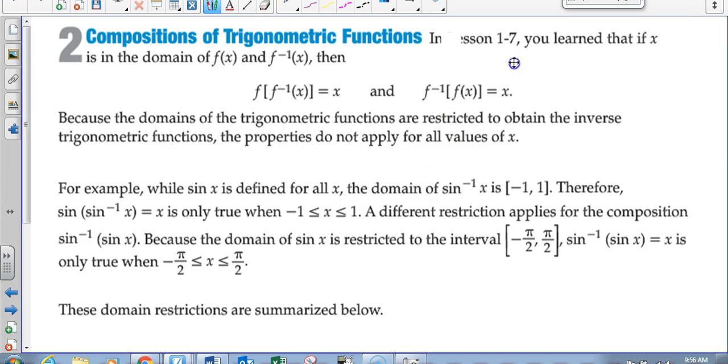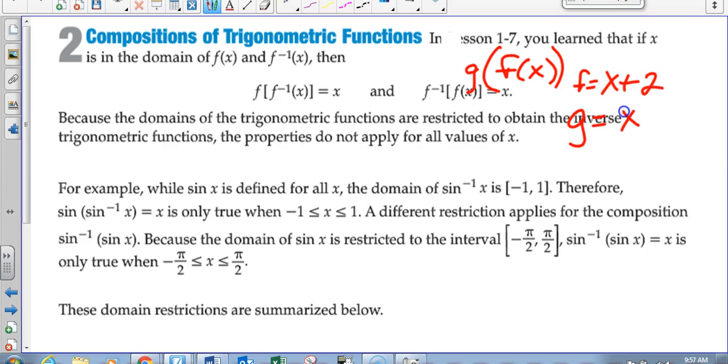All right. Remember doing composition of functions where we had some crazy business like this and you had to put the answer for f into g? I don't know if you also remember we had one function and another function, and if you put f into g it should cancel out and get back to x if they're inverses of each other.